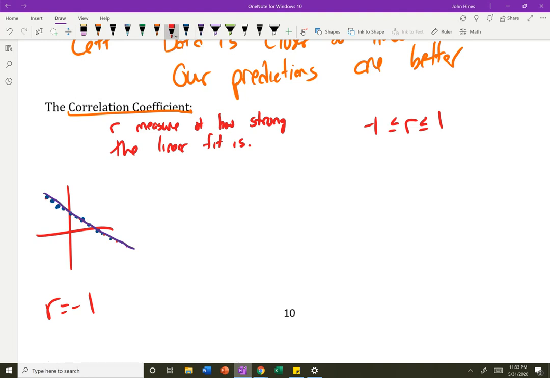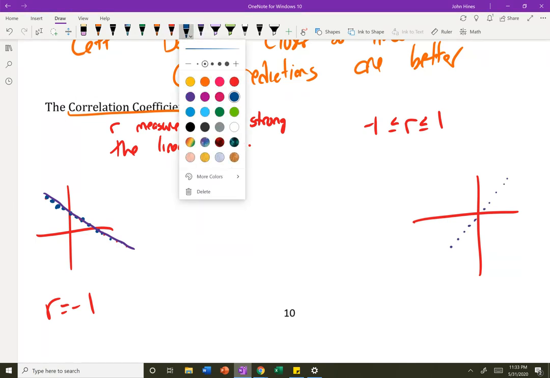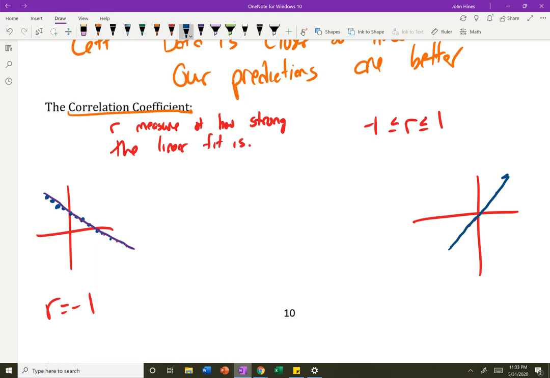Why is it negative? Well, because it's decreasing. R equals +1. Well, what do you think that is? That's a perfect positively sloped line. The data perfectly passes through every single dot. So this is ideal. The line hits every point.